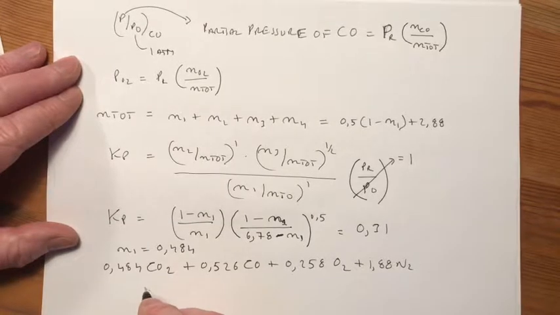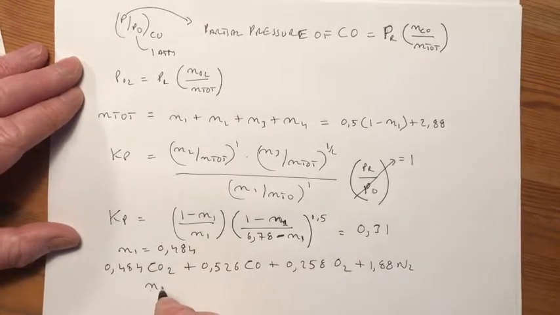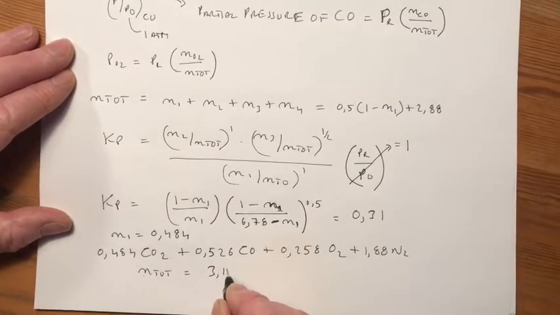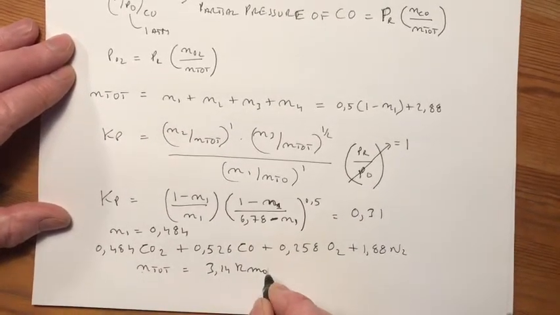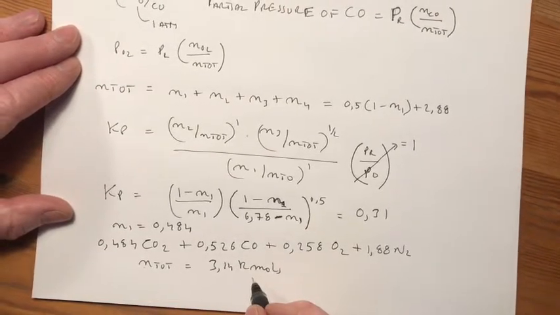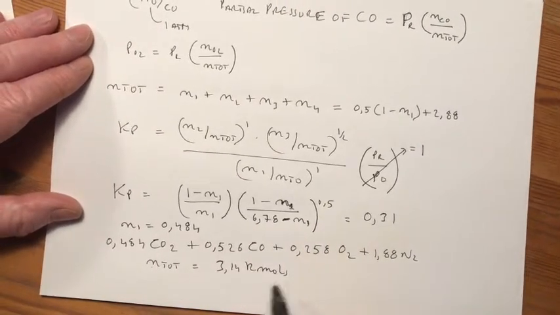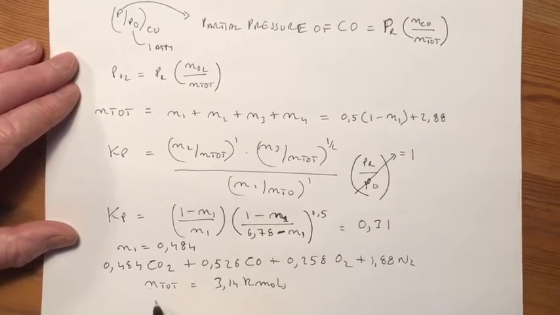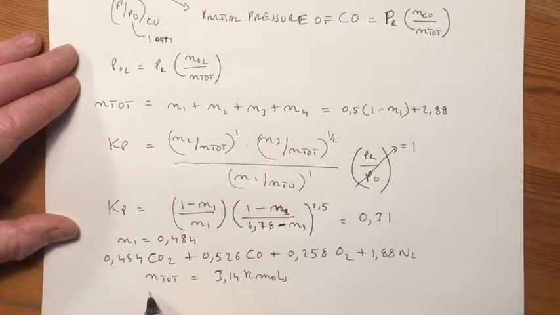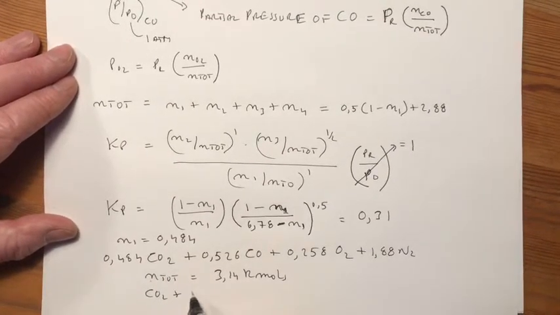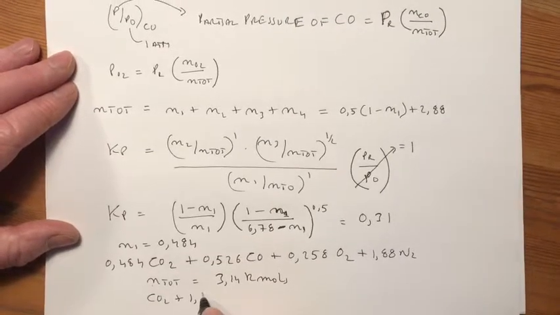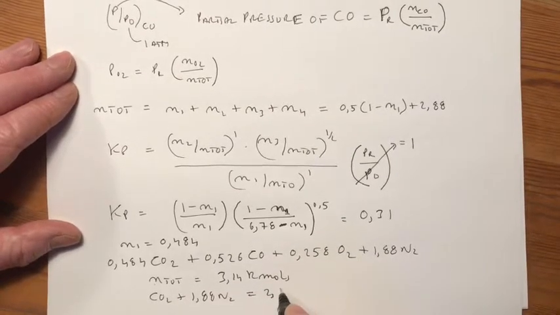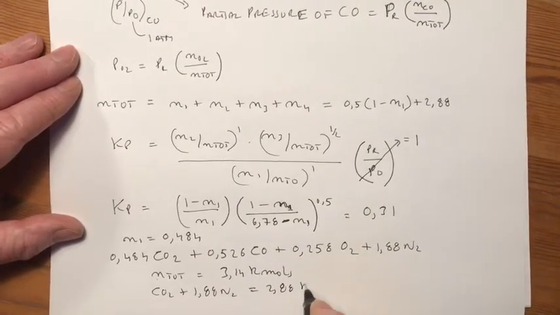And just as a matter of interest, if we total all the moles up, we find that N total is equal to 3.14 kilomoles. If we take the number that we had without dissociation, that was CO2 plus 1.88 times N2, which was equal to 2.88 kilomoles.